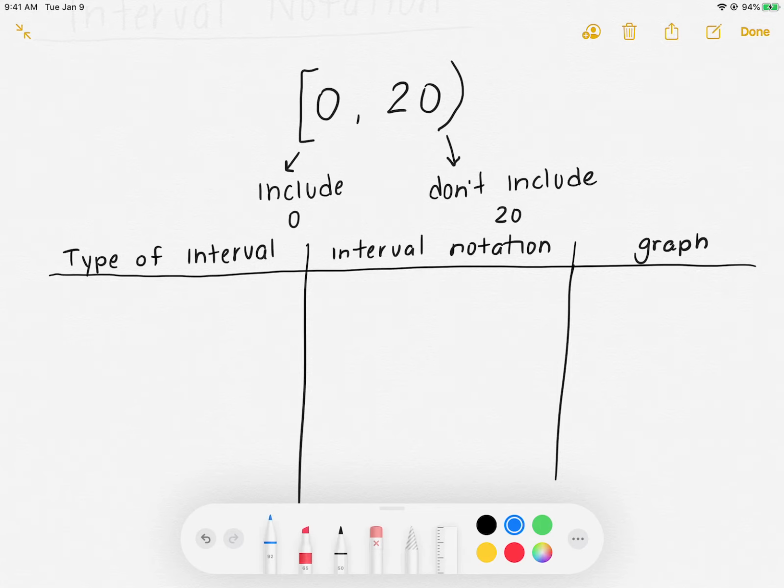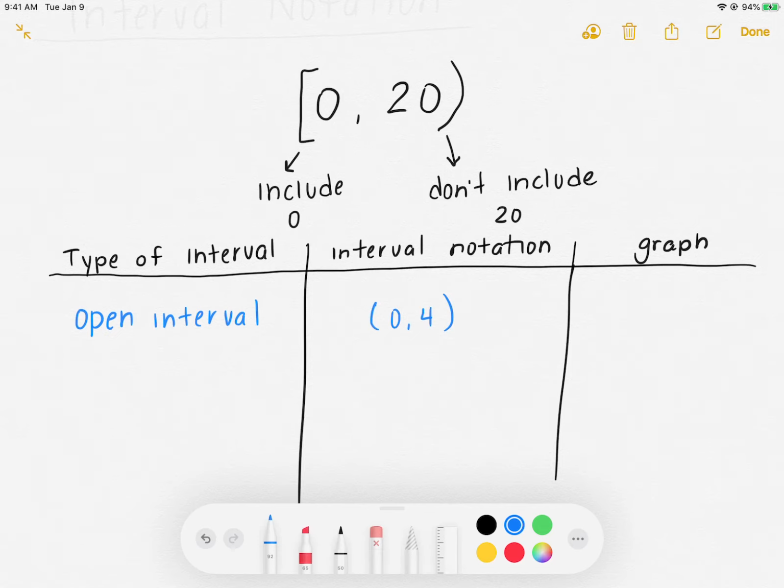So let's see. My first one I can have, we call this an open interval. And an open interval is just like when I have my open circles. I'm not including those numbers on the end. So if I was going to have an open interval from 0 to 4, I just use parentheses.